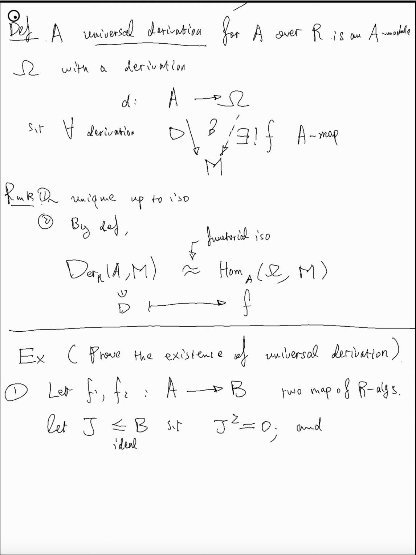And assume F1 is congruent to F2 mod this ideal, which means for any element small a of big ring A, F1 of a minus F2 of a is always in this ideal J.